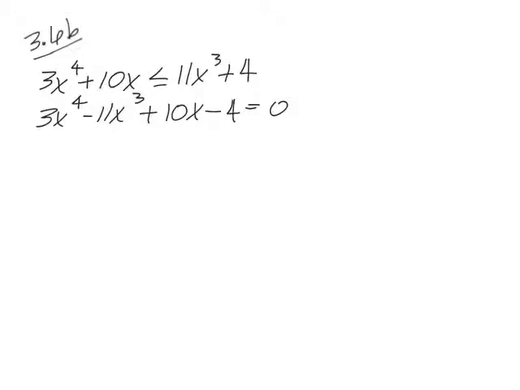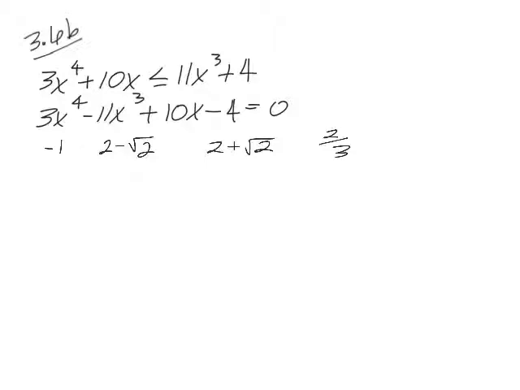Okay, so what we're going to do is use our theorems that we learned in lesson 3.4 as far as how to solve this using synthetic division and all of those different rules that we had there. And we find out that our answers are -1, 2 minus the square root of 2, and then because it's 2 minus the square root of 2, we know one of our other roots is going to be 2 plus the square root of 2, and our other one is going to be 2/3.